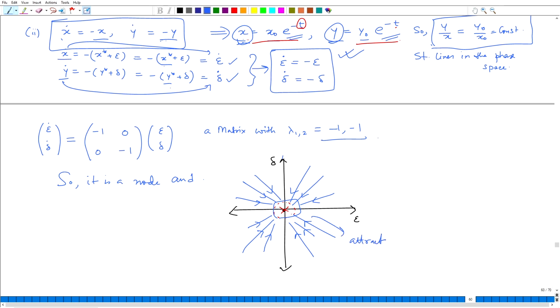It seems that the fixed point is attracting all these phase space trajectories towards itself, although they never meet each other in finite time. This is another case of a stellar node, but this node is a stable node. So, a stable stellar node.